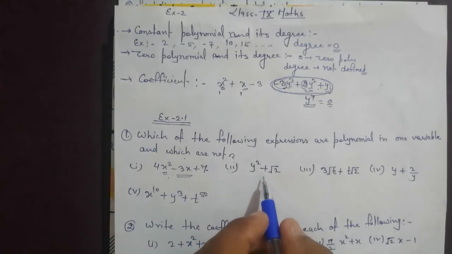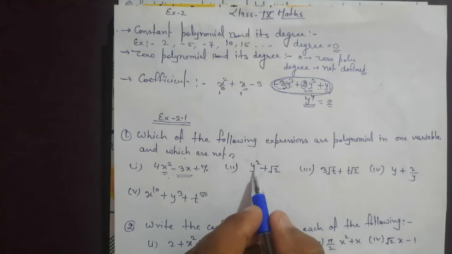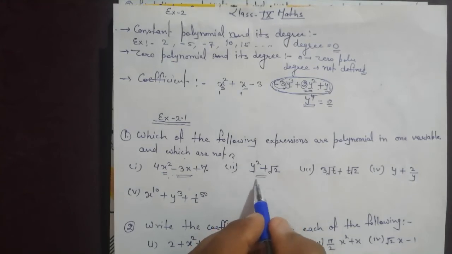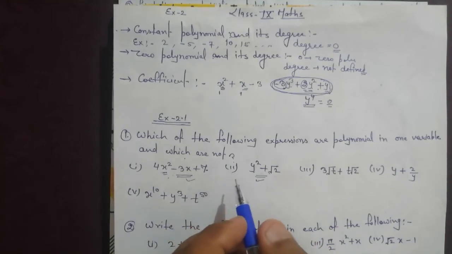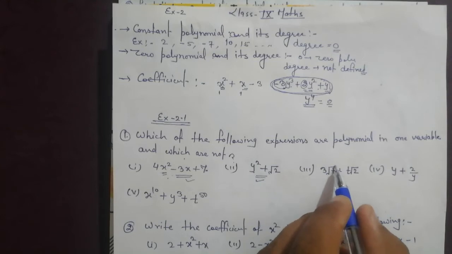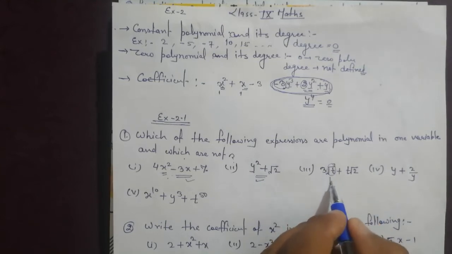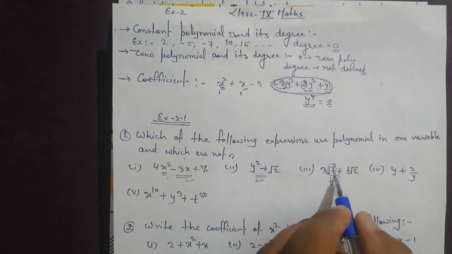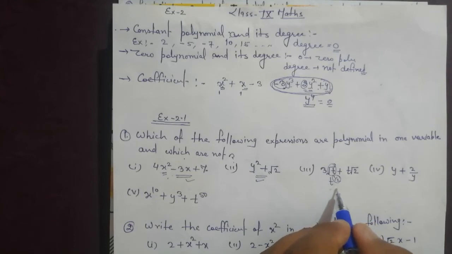In the second also we are getting y, no other variable is there, so this is also a polynomial in one variable. In the third, here square root t means the power of t is half, and I told you in the definition of polynomial that the power of variable must be a positive integer. Here the power is half, so this is not a polynomial.